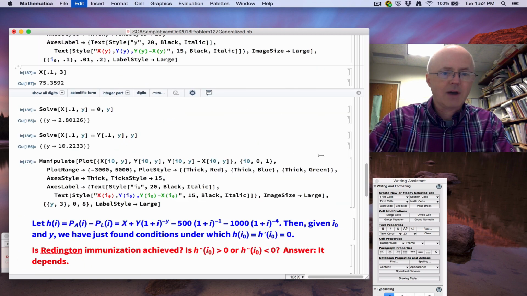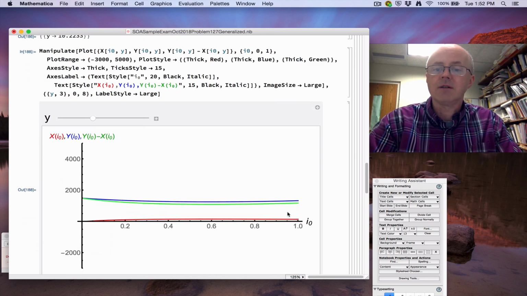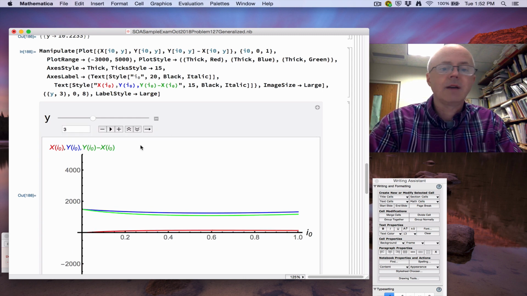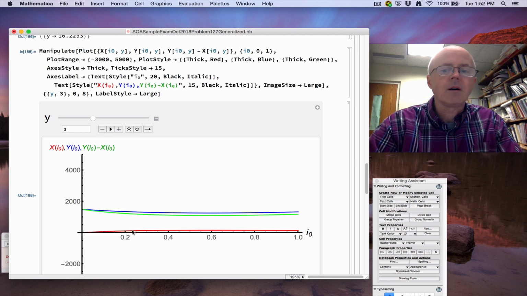We could also think about the graph differently. We could slice it to get functions of I0 for different values of little y. So here little y is 3. Here I've got the red and blue graphs as functions of the interest rate, I0. Okay, not as dramatic of changes in these graphs as I0 changes.